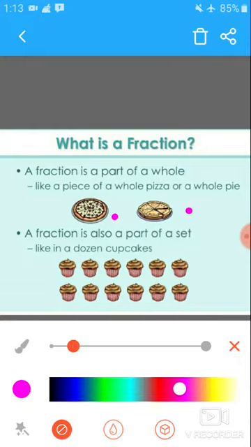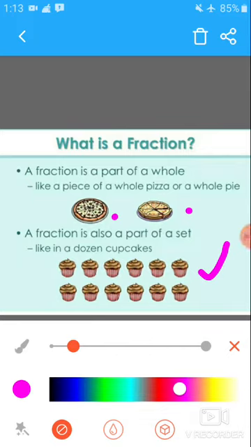So students, here, first of all, do you know how many cupcakes are in one dozen? 12. Do you ever go to the market with your parents and did you buy a banana from a shopkeeper?